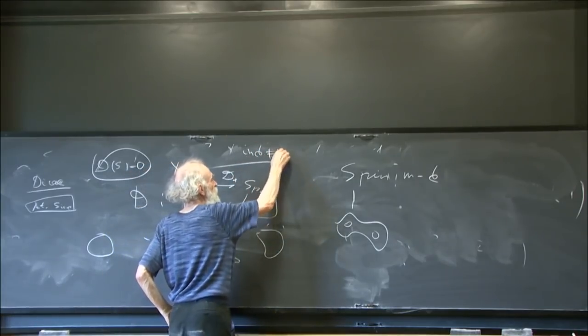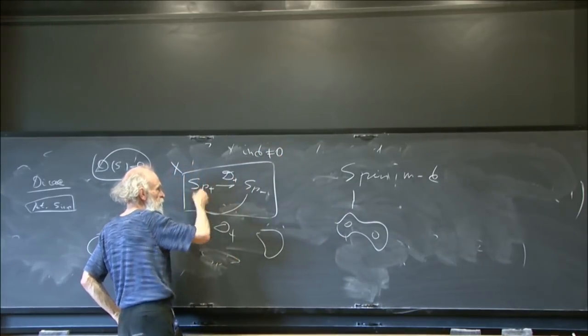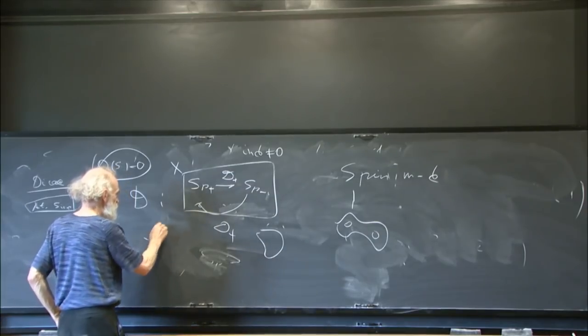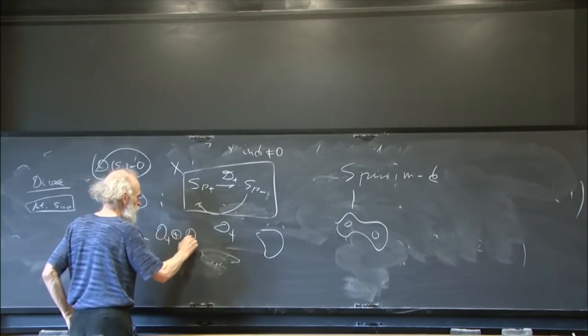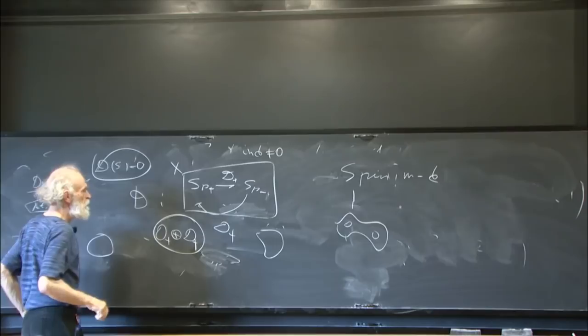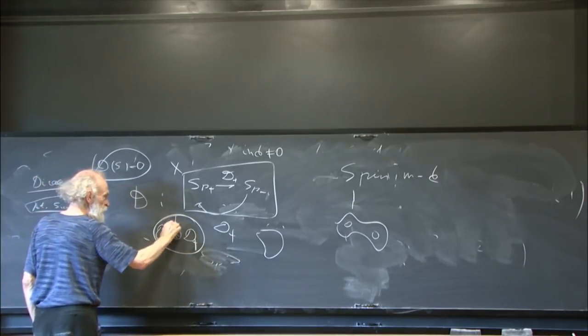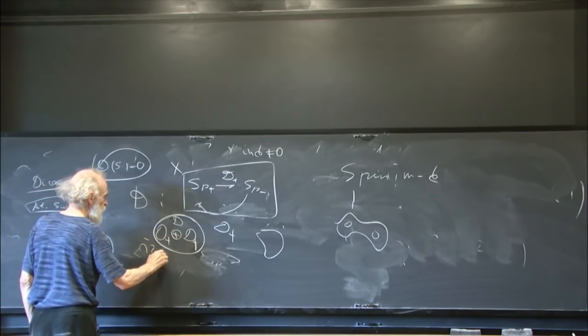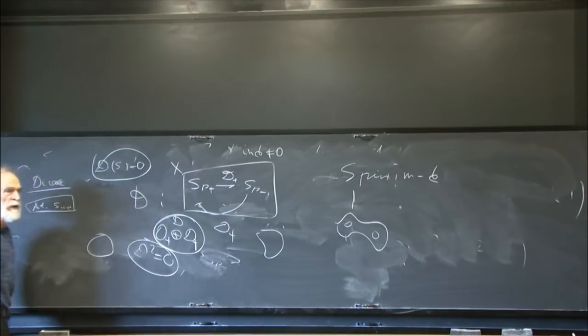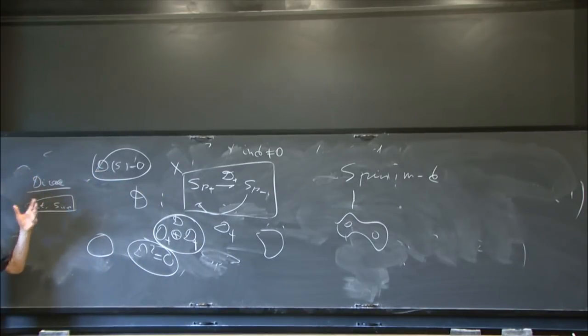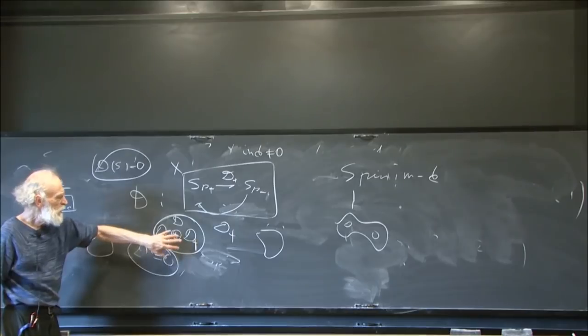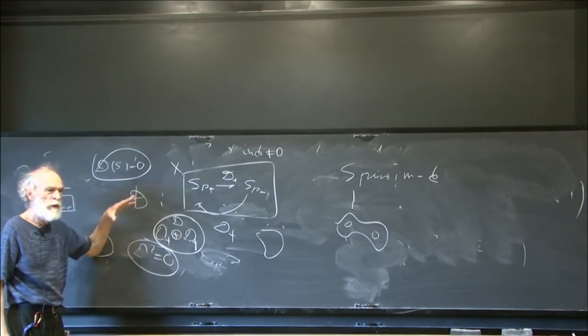So if the index is non-zero, then in one direction or the other there are non-trivial spinors. In any case, this operator D will have a kernel, and then D squared also will have a kernel.